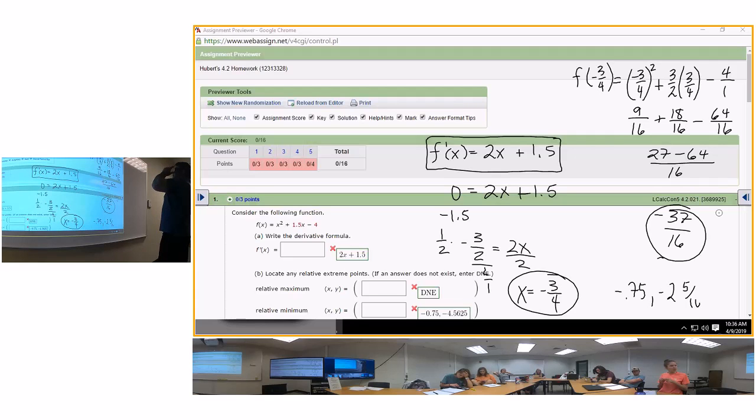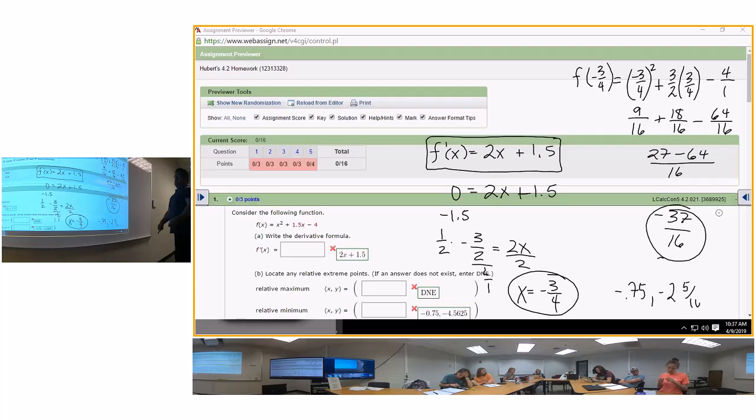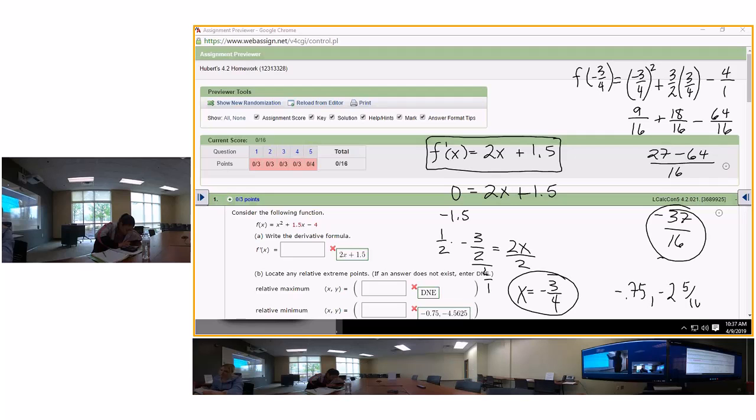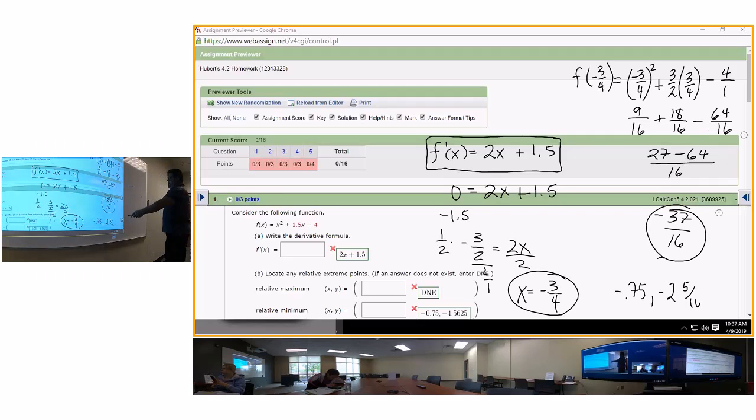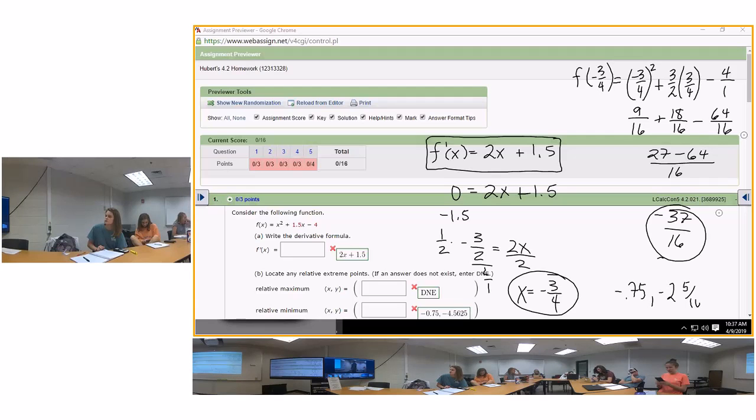Plug in 0.75 into that function, and you should be able to get it. Evidently I've done some math wrong somewhere. Somebody do it. Plug in 0.75 into the original and tell me if you get negative 4.5625, or they might have an error. I just got that by plugging negative 0.75 in.